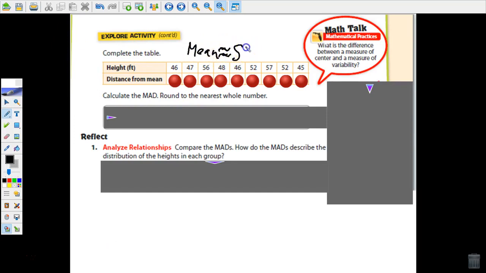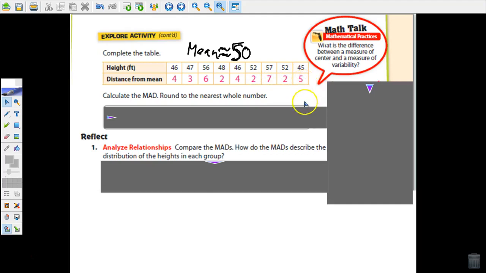We'll say it's about 50. We don't want to say it's exactly 50 because it's not. So these squiggly lines mean it's about. Okay, it's like the equal sign, but it's not exactly equal 50. It's about 50. Okay. So from 46 to 50, it's 4, 3, 6, 2, 4, 2, 7, 2, and 5.